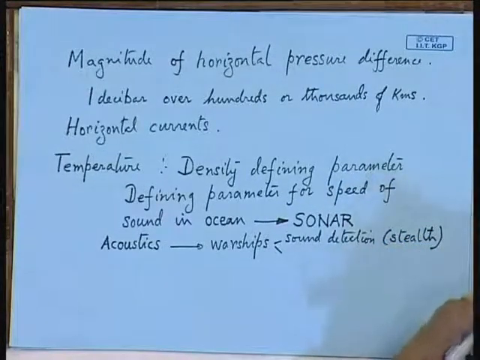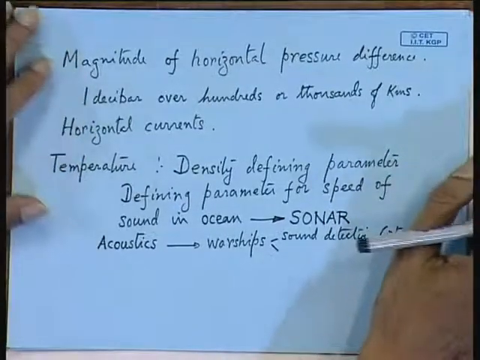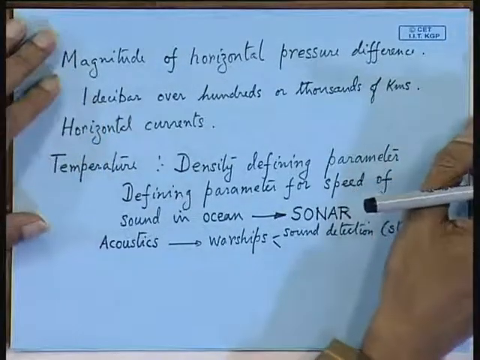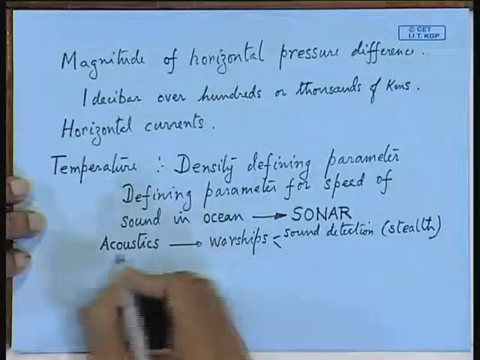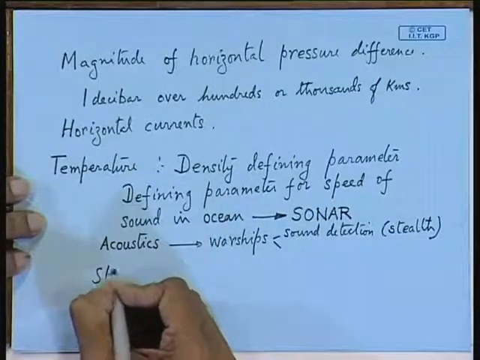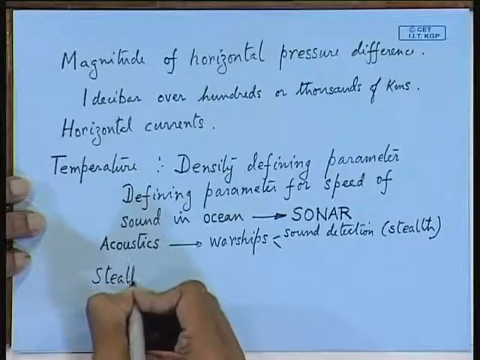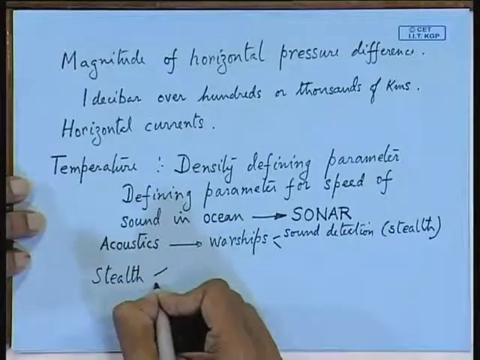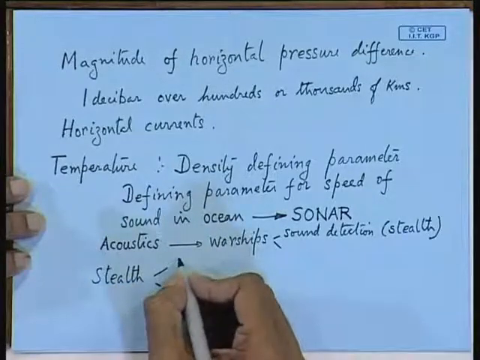So, those of you who are going into the Navy or are interested in warship design, they have to figure out the sound signature of the ship. Basically the stealth properties come from two aspects. How can you detect anything in the ocean?